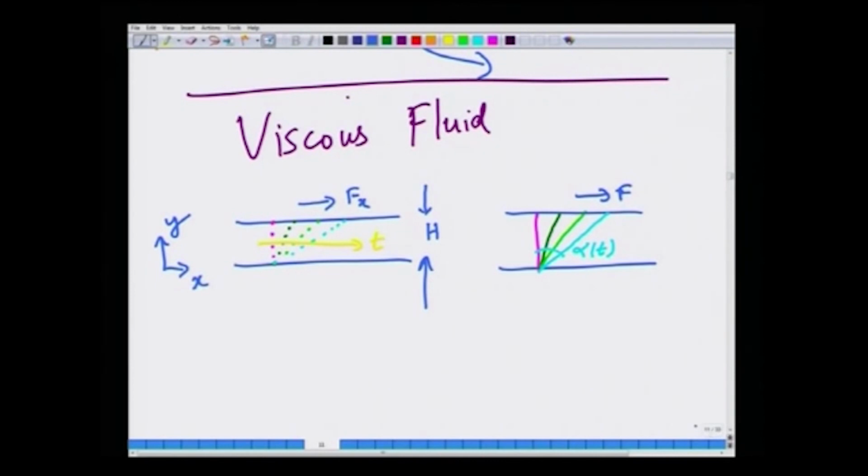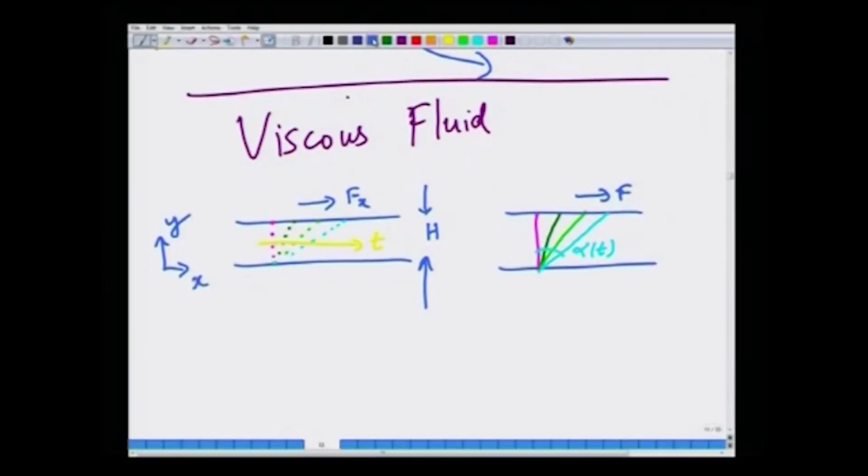So, if you wait for a longer time, you will find that the angle is going to be more. So, we cannot say that the stress is proportional to the angle itself, because if you wait long enough you can get more deformation. The angle is a measure of the deformation suffered by a fluid element present in between the two plates.